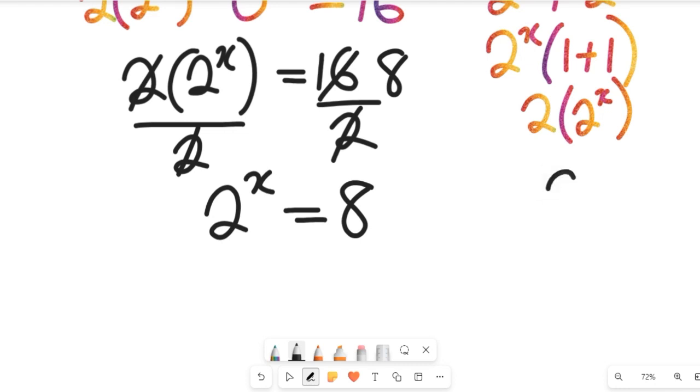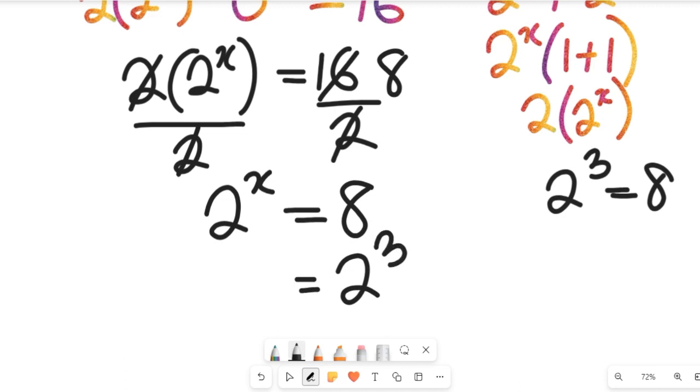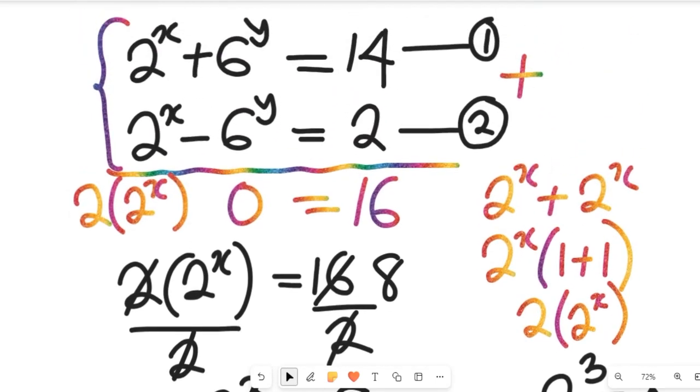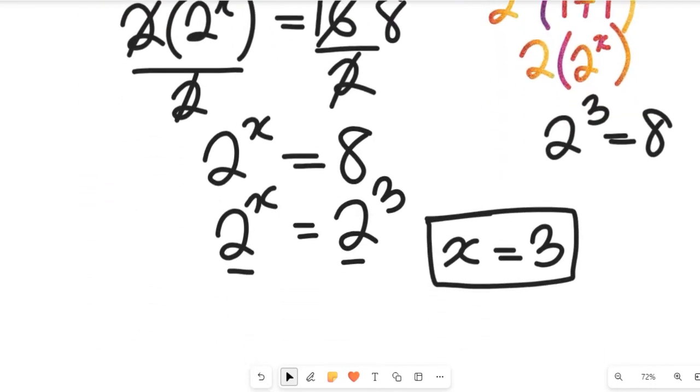Now remember that 2 to the power of 3 is equal to 8. So we'll have these equal to 2 to the power of 3, and then we'll have 2 to the power of x. Since they have the same base, our value of x will be equal to 3. And that is the first solution to that exponential equation that is given to us. So we've found the value of x.